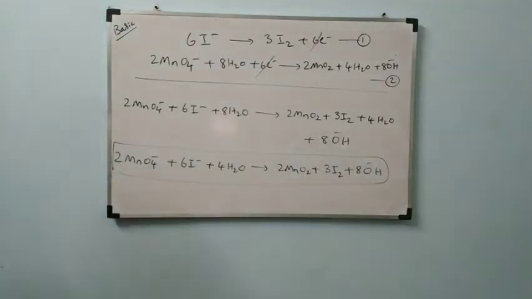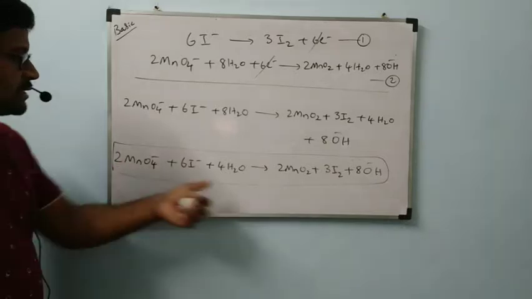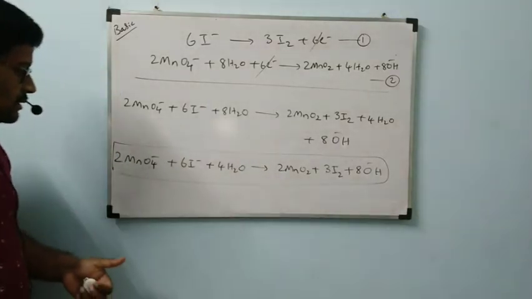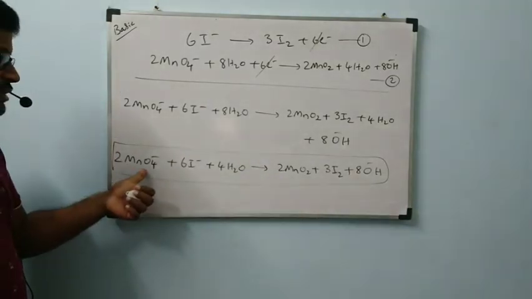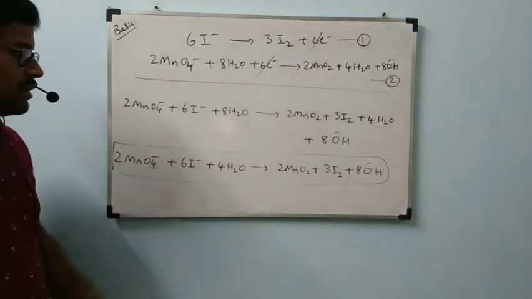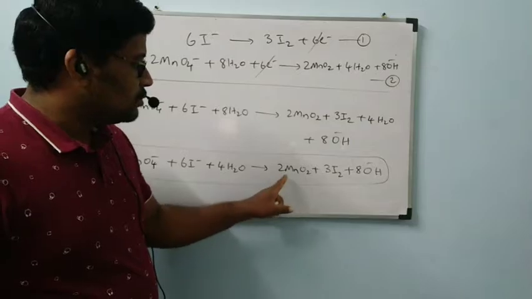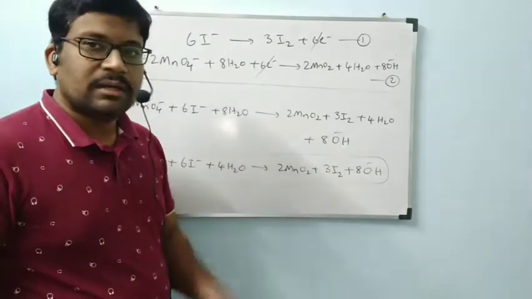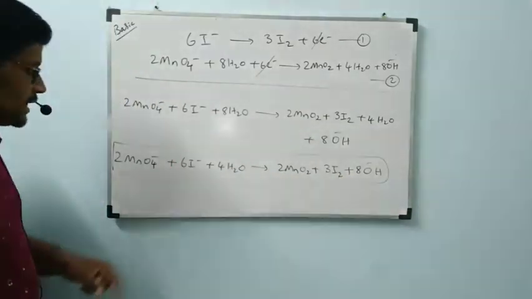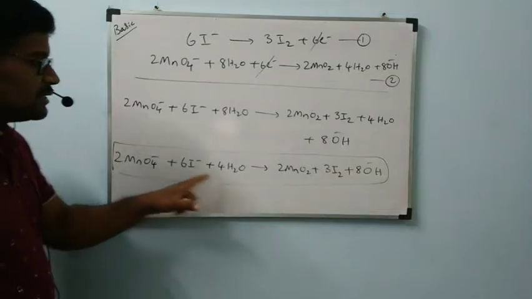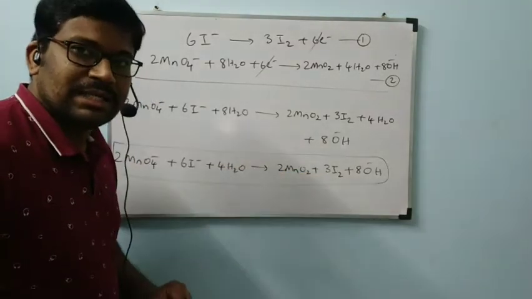Definitely it is balanced. If you want, check that one. 2 manganese. 2 fours are 8 oxygens plus 4, 8 plus 4, 12 oxygens. On the right, 2 twos are 4 plus 8, 12 oxygens. Next I, 6. 3 twos are 6.